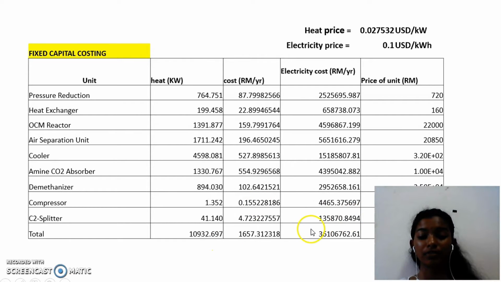And so this is the total of the electricity cost for every unit, and over here we have the price of each unit, and this is the total price of all of the units.